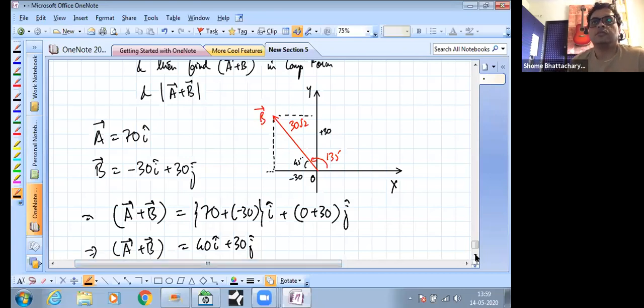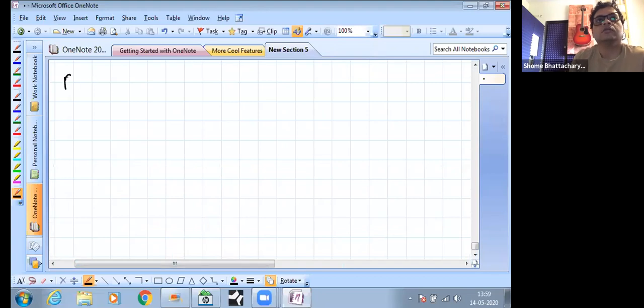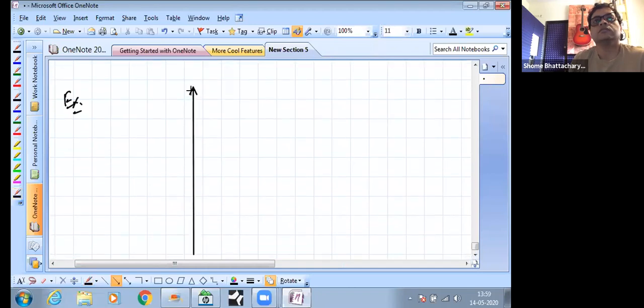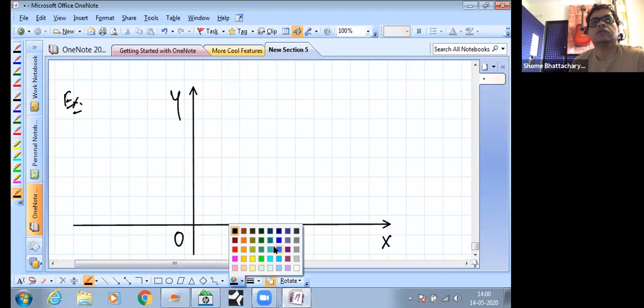Now let's do one more final question using component algebra, where we have a bit more of operations also, not just addition. So next, let's pick up an example like this, where suppose we have these three vectors shown to us.